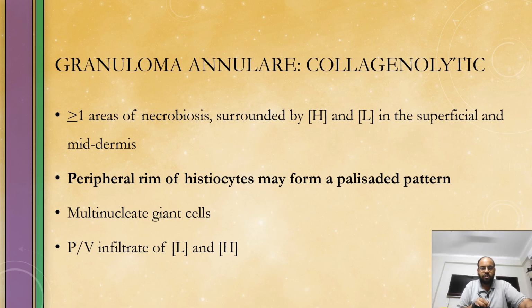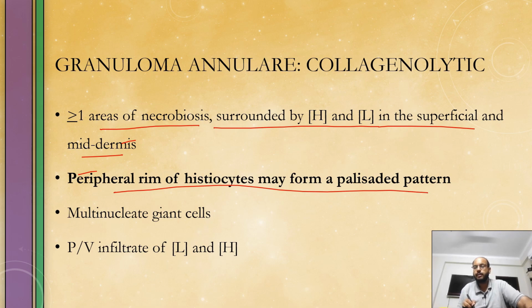So in GA, there is more than one area of necrobiosis which is surrounded by histiocytes and lymphocytes in the superficial and mid-dermis. Okay, there is a peripheral rim of histiocytes which may form a palisaded pattern. Now, what do you mean by palisaded pattern? Palisading pattern means they form shelf-like structures.